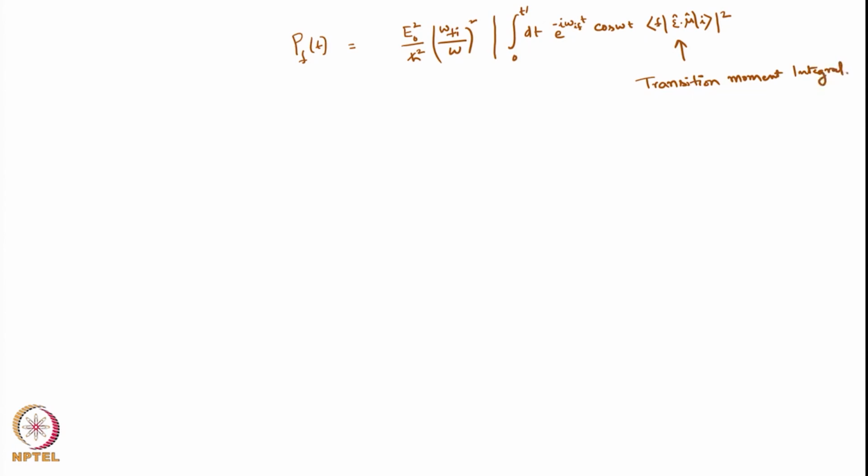So one can think of P of t to be proportional to the square of the transition moment integral.